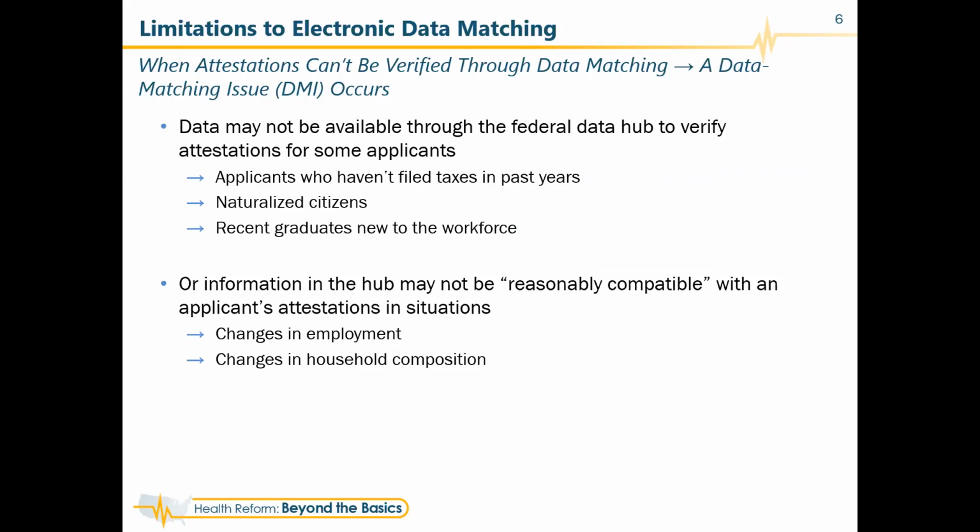So, for a variety of reasons, this may not work out. And it's really important to note that when electronic data matching doesn't work, when those electronic data sources are not successful, it does not mean that the consumer is giving you the wrong information. There are a lot of reasons why this could occur. So for example, the data might not be available through the Data Services Hub to verify attestations for certain applicants.